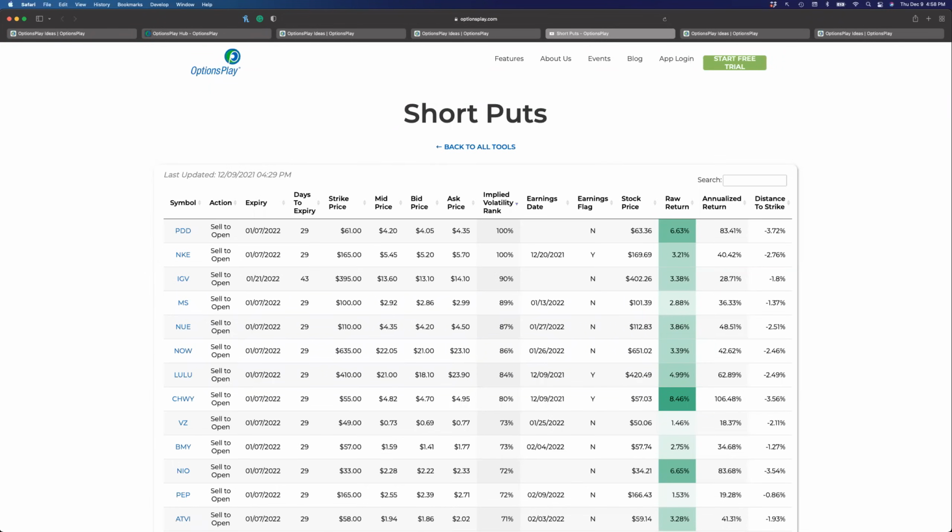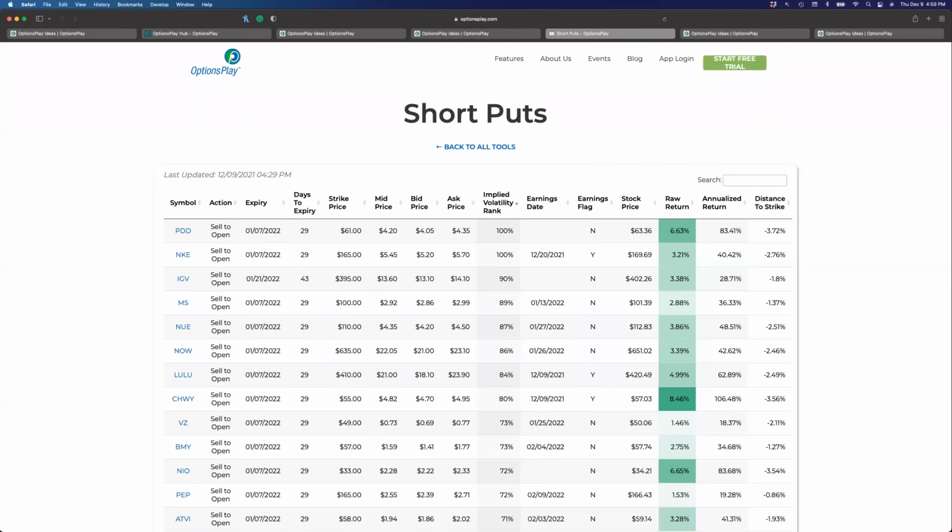Basically, if you sell the put option and some new information comes out and you no longer want to own the stock, meaning a week ago you wanted to buy the stock and now you don't, then as soon as you realize that, you just get out of the short put and buy back the put. Otherwise, stick with it. As long as you still want to buy the stock and you're comfortable with the price at which you want to buy it, stick with it and let it go to expiration.